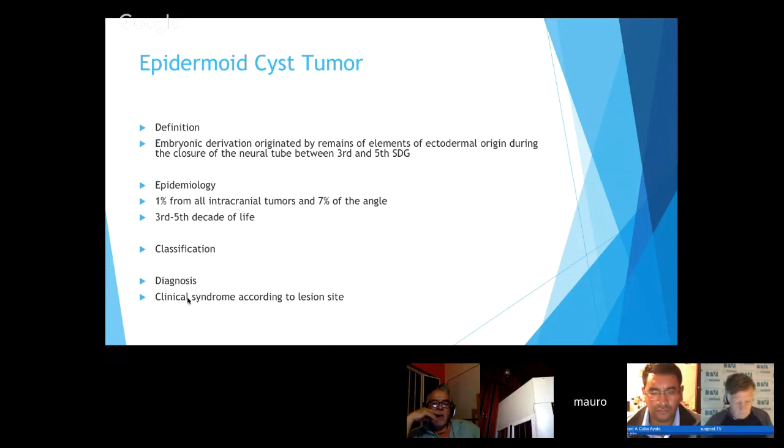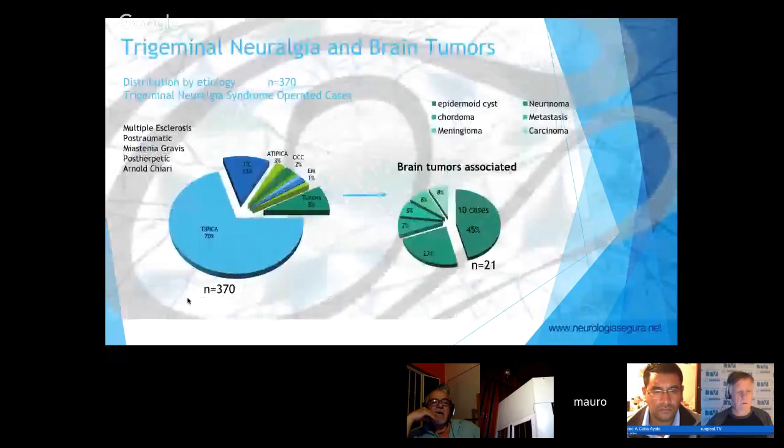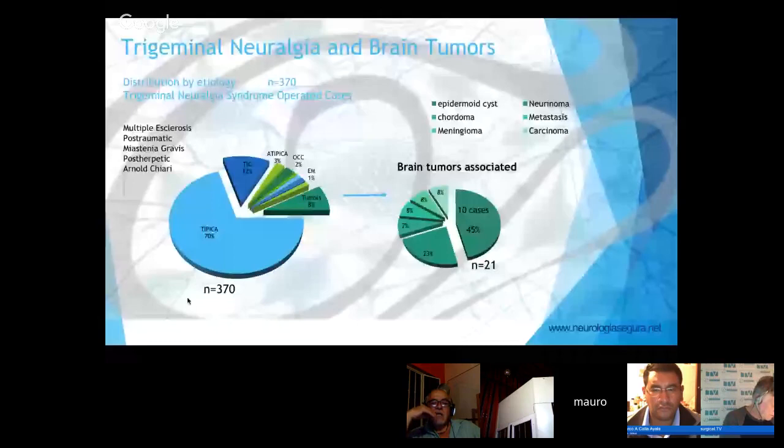I'm sorry. About the diagnosis, it's very easy, and I would like to present this table. In the last 7 years, we have a cumulative experience of 370 operated cases of trigeminal neuralgia syndrome. So this is the most important point.